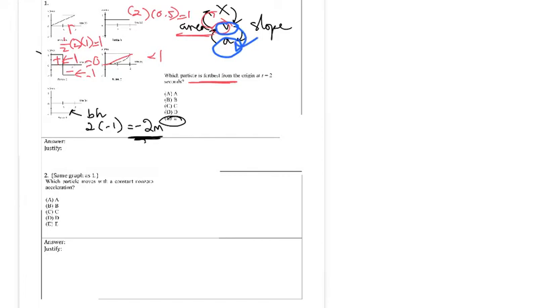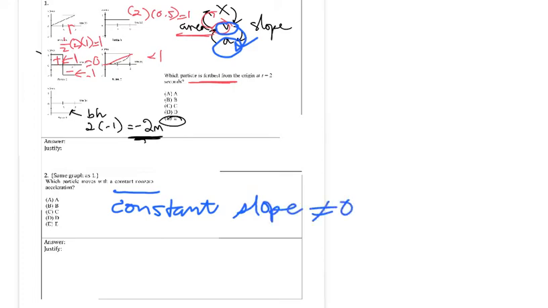So if the acceleration is constant and non-zero, what we're looking for is a constant slope that's not equal to 0.